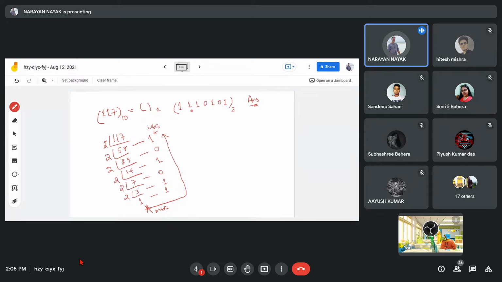Now you can do the same method. What is the same method? Let us say this is 2 to the power 0, basically it is 1. And 2 to the power 1 is basically 2. 2 to the power 2 is 4. 2 to the power 3 is 8. You can do it this way, also you can do it that way.